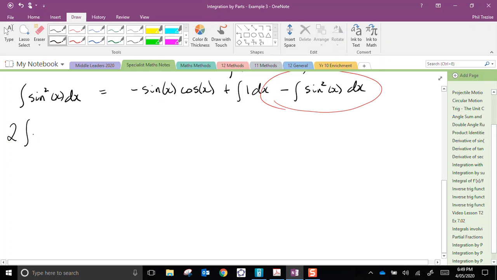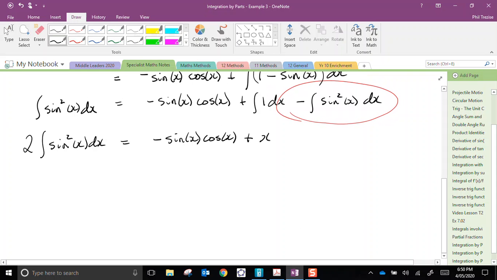I will end up with 2 times the integral of sine squared x dx equals negative sine x cosine x. Now what's the integral of 1? Well, that's just x plus a constant of integration. Well, to find my answer, I just need to divide by 2.